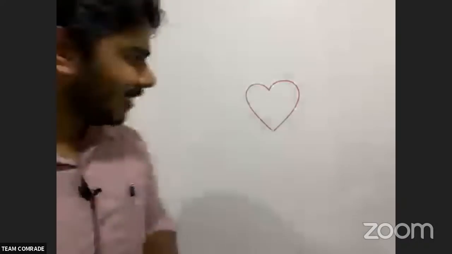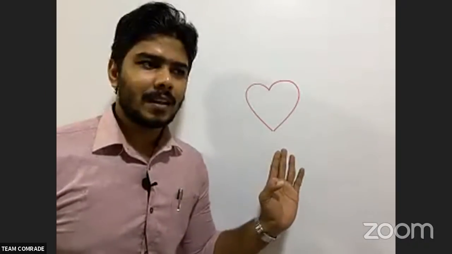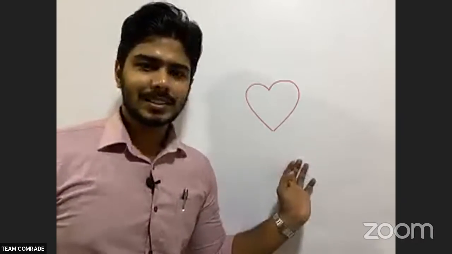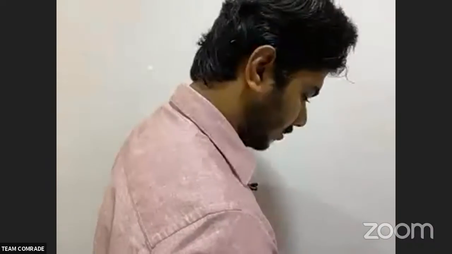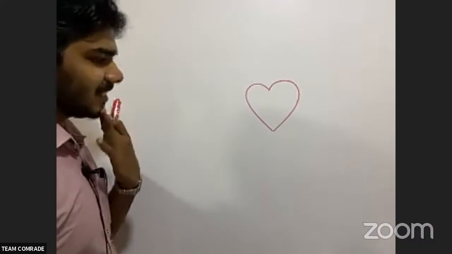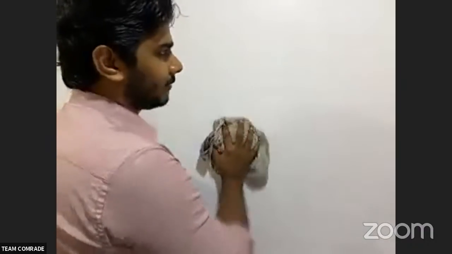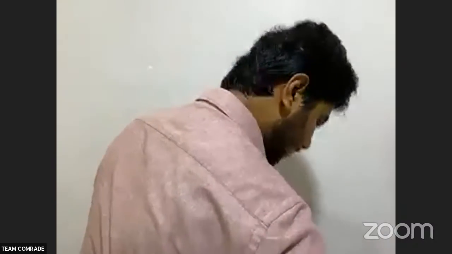No. But this is the heart, right? Yeah, it's a symbol. Then this is not the heart. That was the heart, no? Okay, fine. So then this is not the heart. In my assumption, that was the heart.